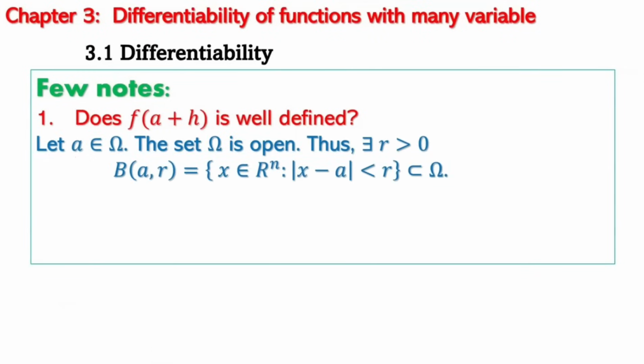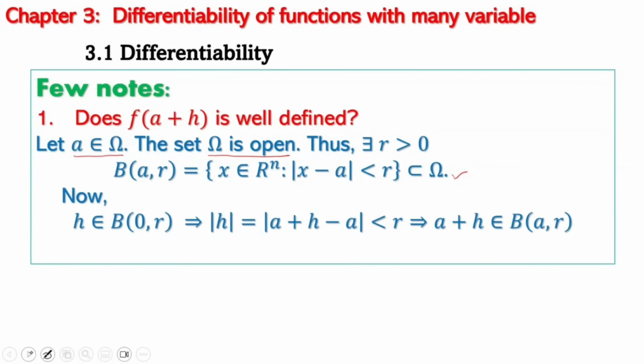If a belongs to Omega and the set Omega is open, then by definition there exists a ball centered at a with radius r, the set of x in R^n with |x - a| < r, which is a subset of Omega by the openness of Omega.